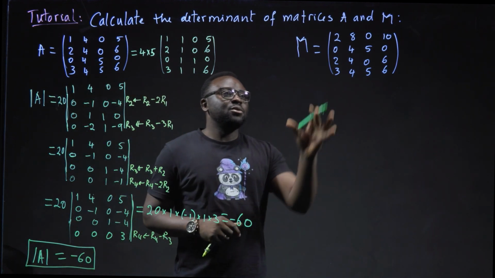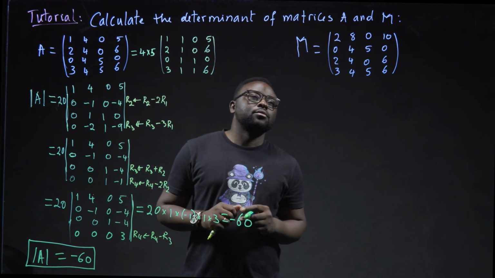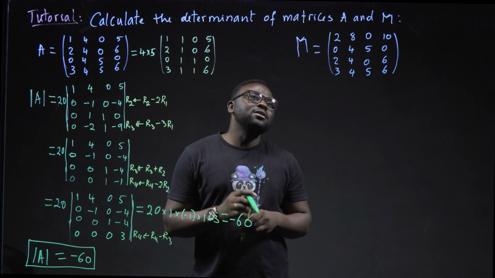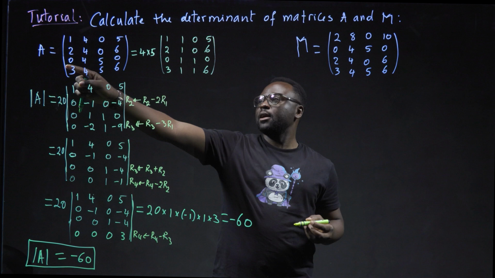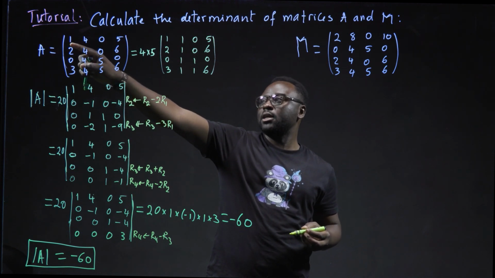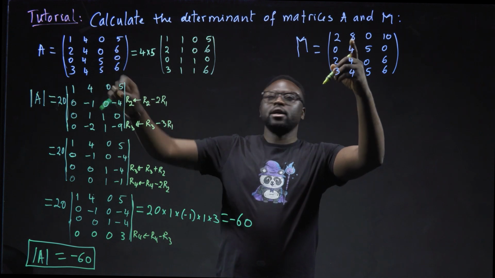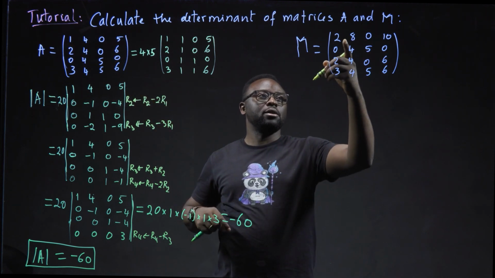All right, let's look at this second example. So for this second example, we can see some similarities with the first example, okay? So you see the first row here is 1, 4, 0, 0, 5 and here is 2, 8, 0, 10. So the first row here is multiplied by 2 to obtain the first row here.